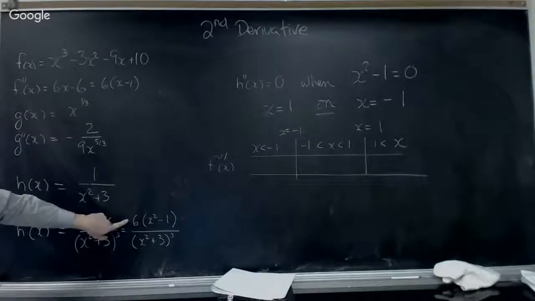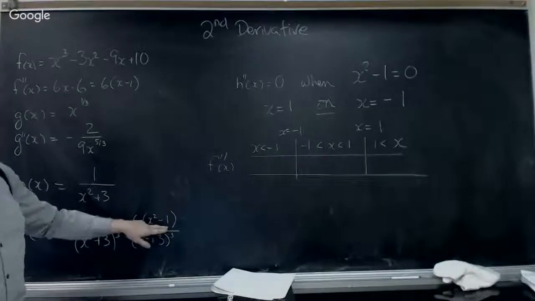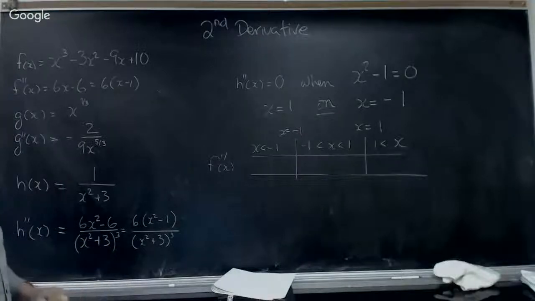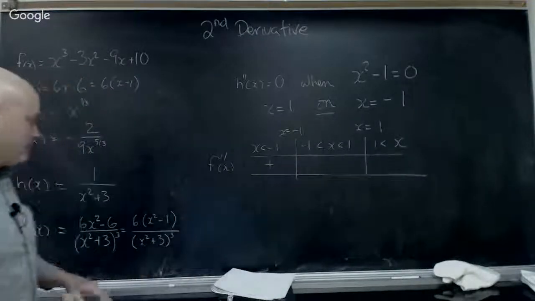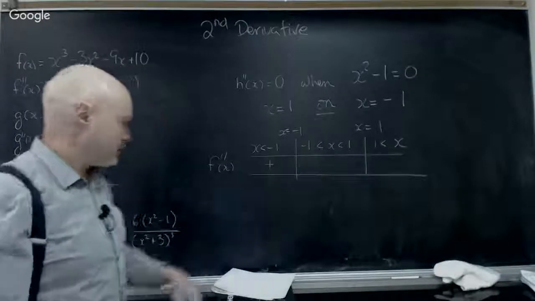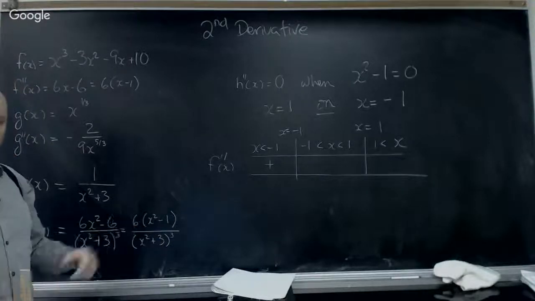So the sign of the second derivative when x is less than -1, say, for example, -2. 4 minus 1 is 3, so that's positive. Multiply it by a positive, divide it by a positive. This whole thing is positive. I like that. Okay. When x is between -1 and 1, I'm going to pick a test value of 0 because it's easy. 0 minus 1 is negative.